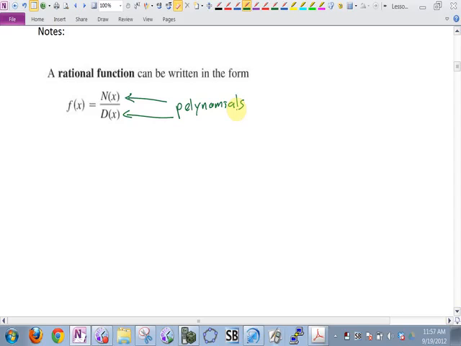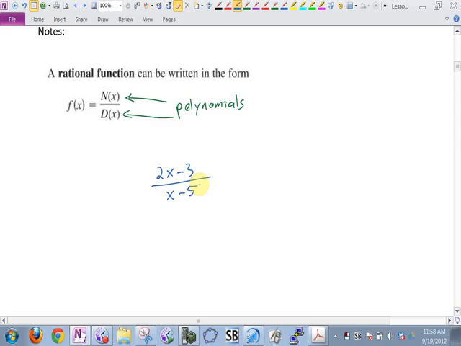Right? Okay. So let's create a basic rational function. Let's create a linear 2x minus 3 over another linear x minus 5. Is that a rational function? Is that a polynomial over a polynomial? Absolutely. 2x minus 3 over x minus 5.